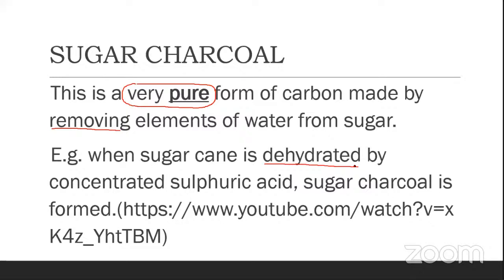Just like if you went to the hospital and they say your body is dehydrated, it means it lacks water. We need to use concentrated sulfuric acid, not dilute, because it is only when concentrated that it acts as a dehydrating agent. Then when you add it, the sugar charcoal will be formed.